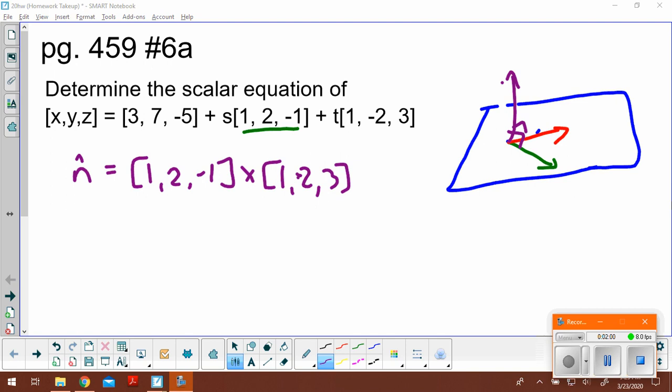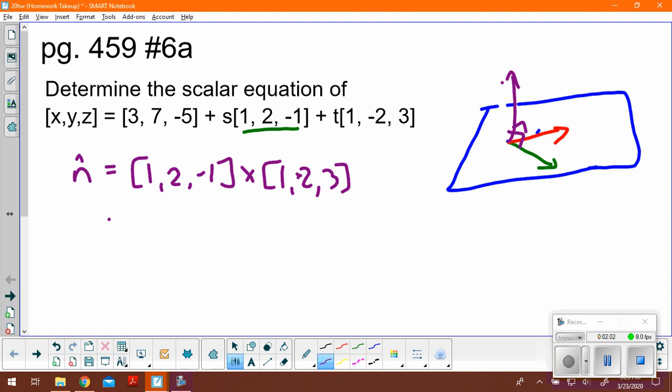I did that on the side and I got 4, negative 4, negative 4.